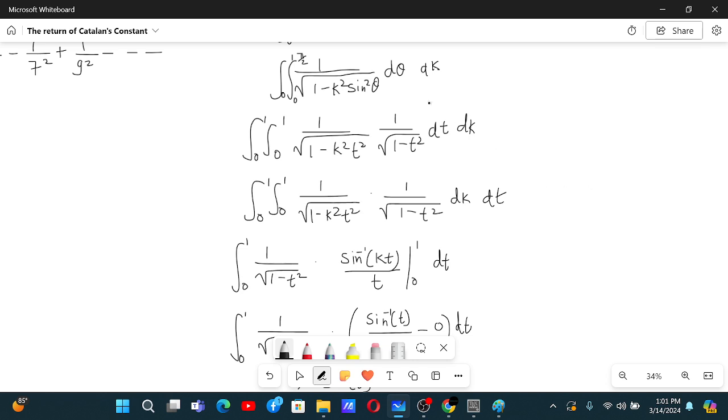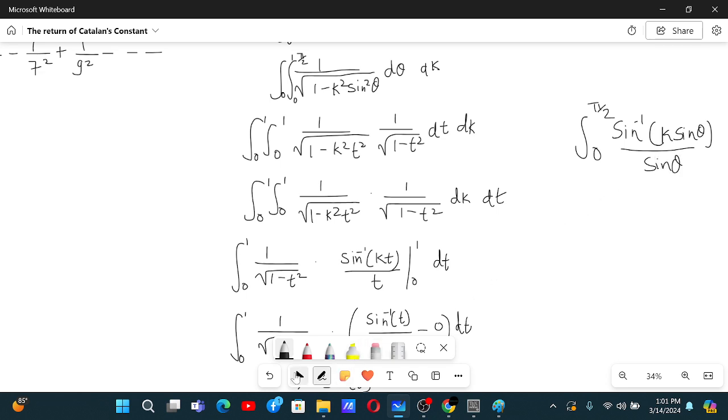Basically, if I didn't make the substitution and interchanged, the integral from 0 to pi by 2 would just be sine inverse of k sine theta by sine theta.